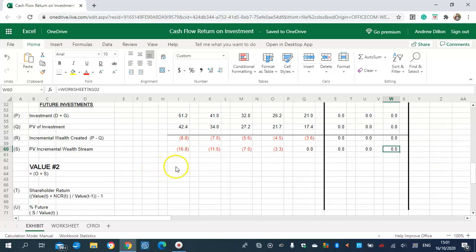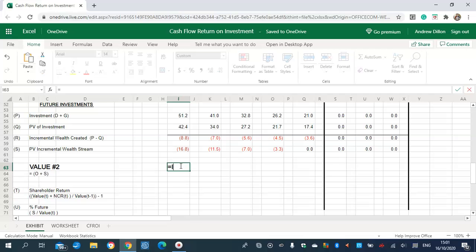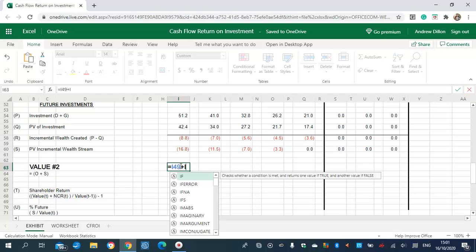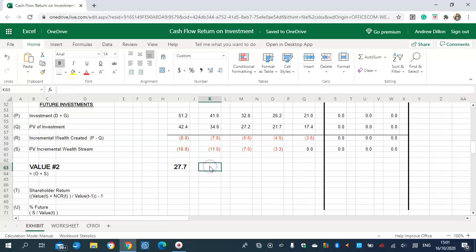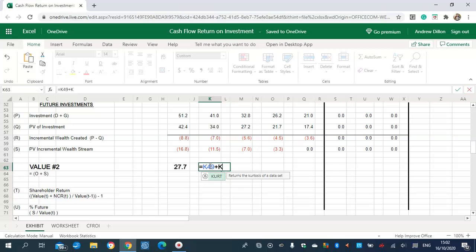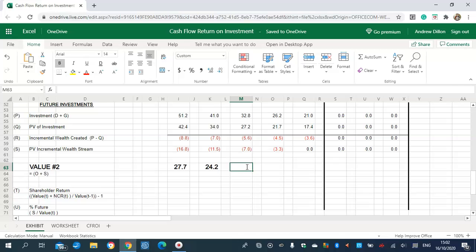Okay, now we have to calculate the value 2, O plus S. So it is I49 plus I60. Now K49 plus K60. M49 plus M60.